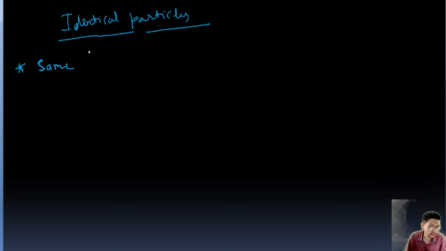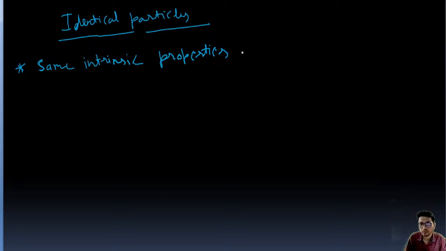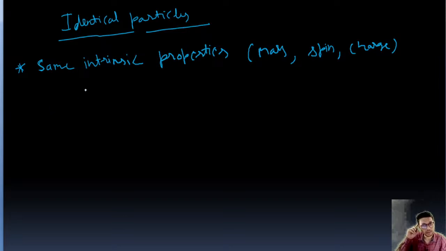They have the same intrinsic property. For example, they have the same mass, same spin, and same charge. So these are identical particles, that is, the same intrinsic properties.